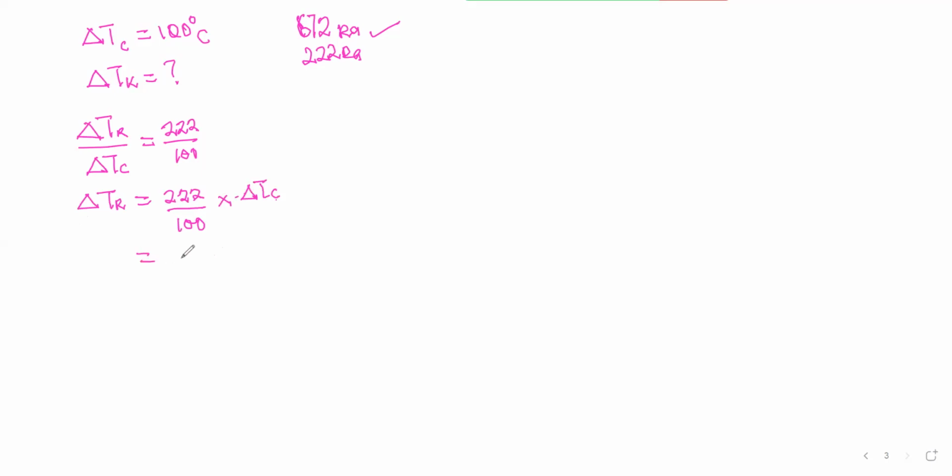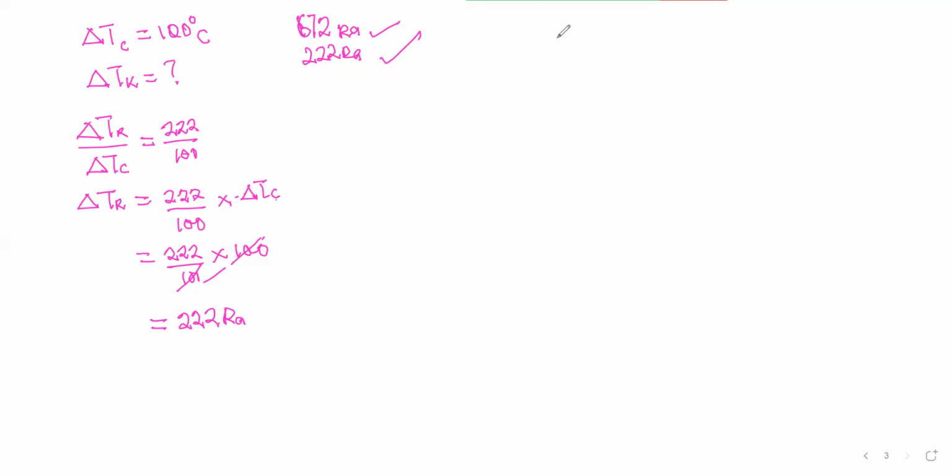And what is delta TC? We have 222 over 100 times 100. This and this will cancel, and the change in temperature must be 222 Rankine. So the second answer, 222, is correct.